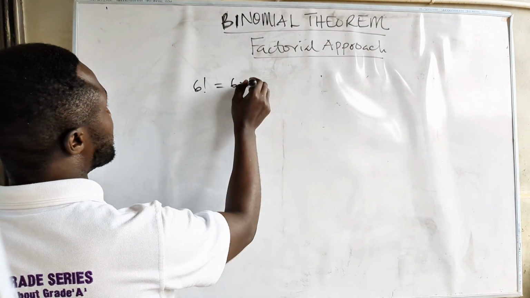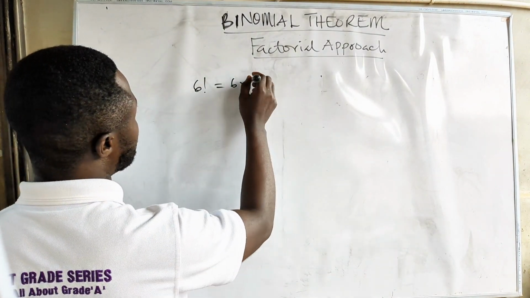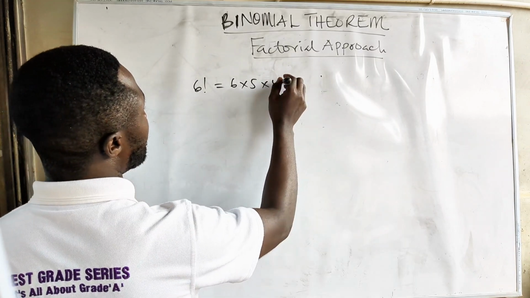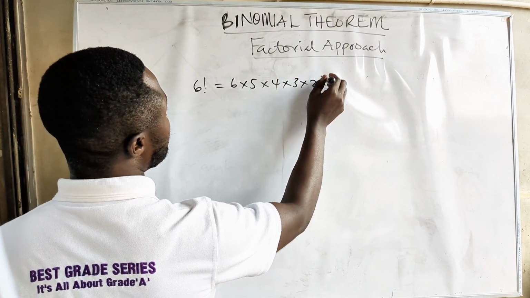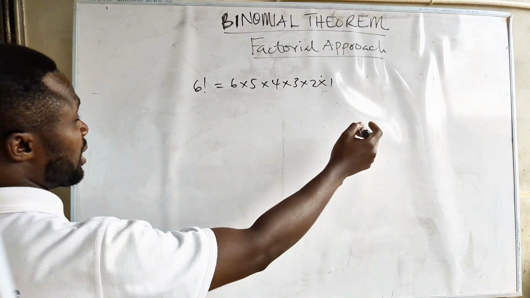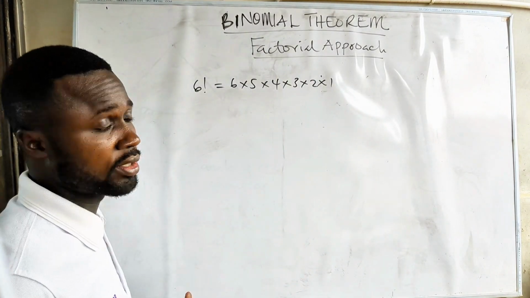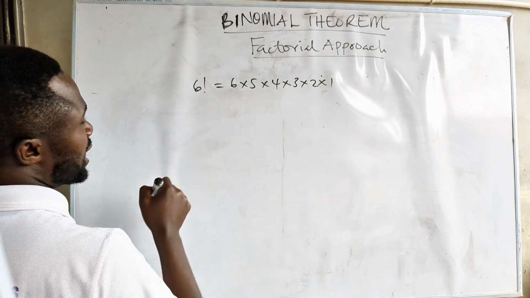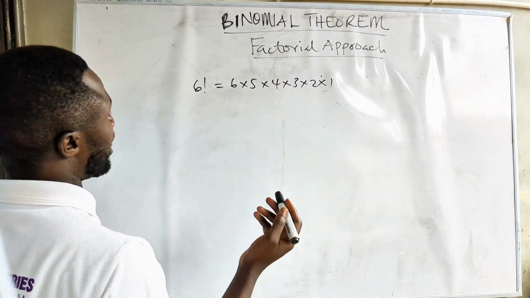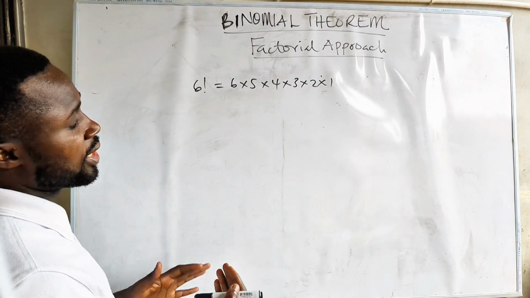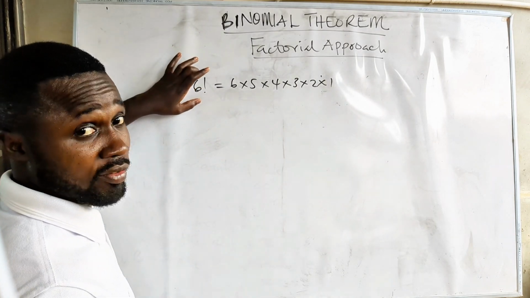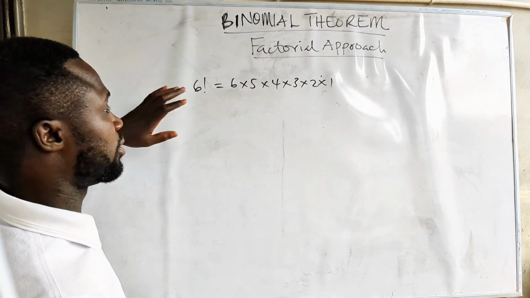So I start with 6, and as I multiply, I reduce it by 5, by 4, by 3, by 2, by 1. Then I'll stop. Only positive numbers, because when you bring in the 0, the whole thing turns to 0. So 5 factorial is the same thing: 5 times 4 times 3 times 2 times 1. 3 factorial, the same thing. The numbers you are multiplying should be equal to or less than the number with the factorial.